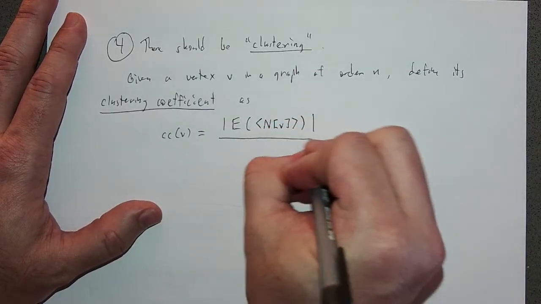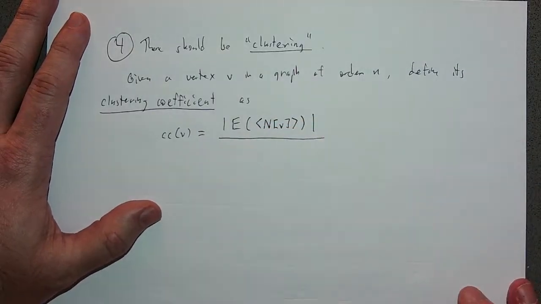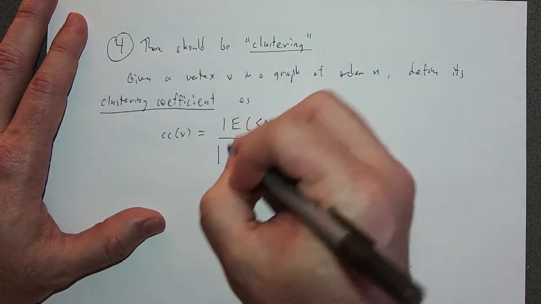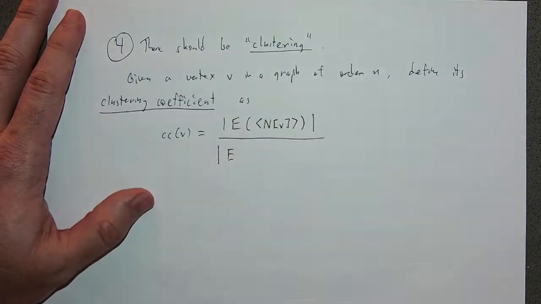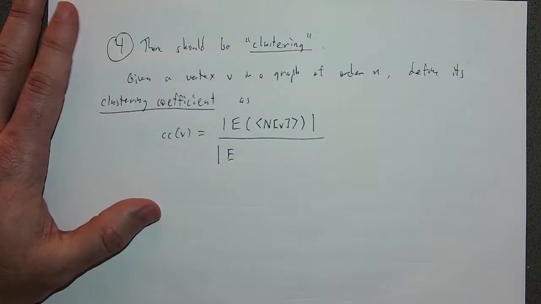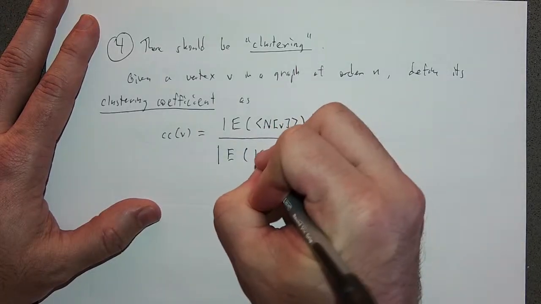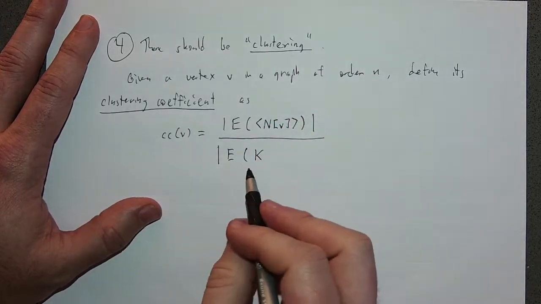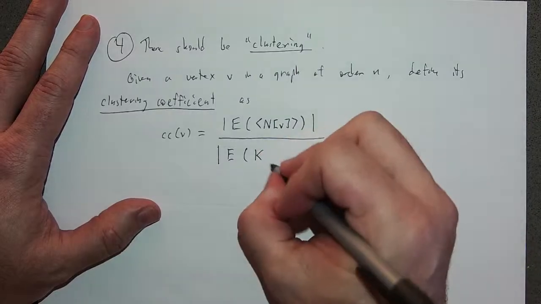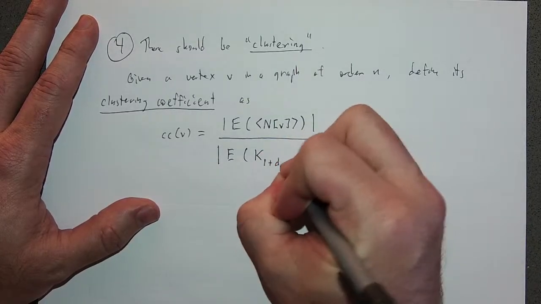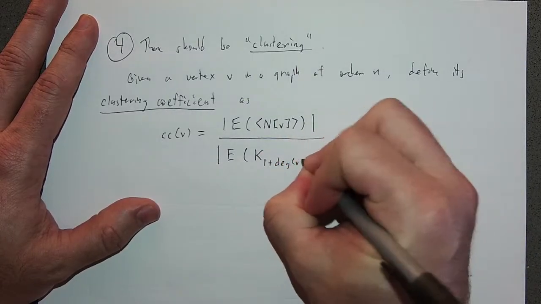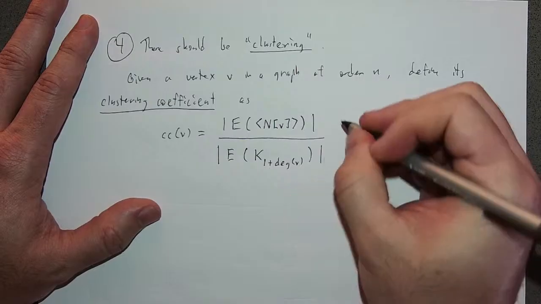Divided by the cardinality of the edge set of the complete graph on 1 plus the degree of the vertex V vertices.